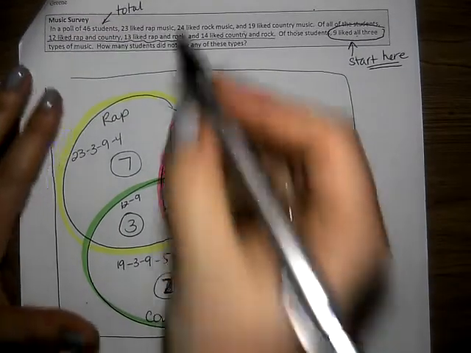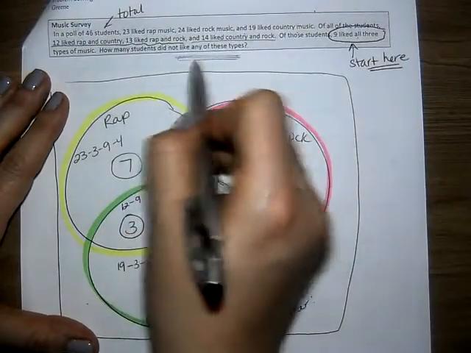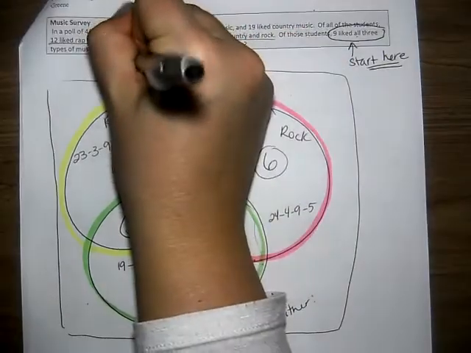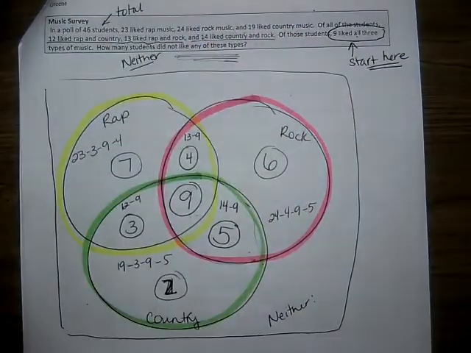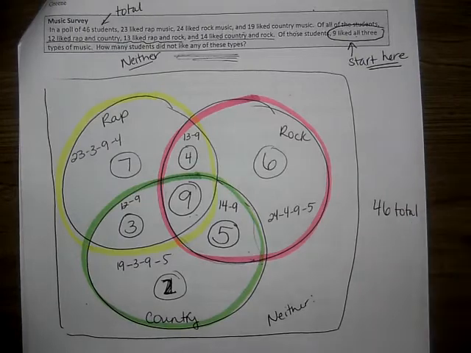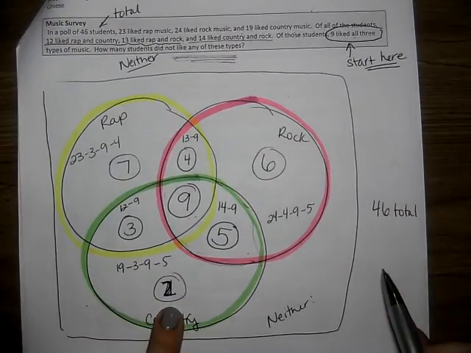Now the question said, how many of these students did not like any of these types of music? So I'm looking for the neither category. I'm looking for how many people like none, nothing. This is where you go back to the total. So I'm going to take 46, which was the total, and subtract every single one of these totals within my Venn diagram.